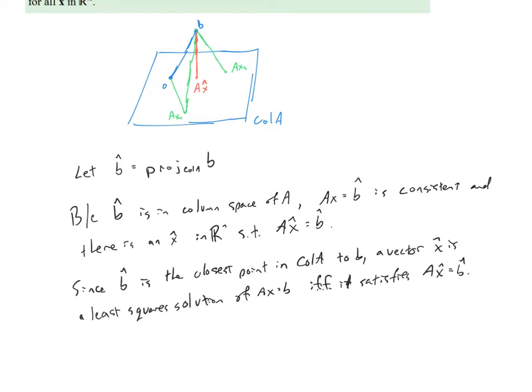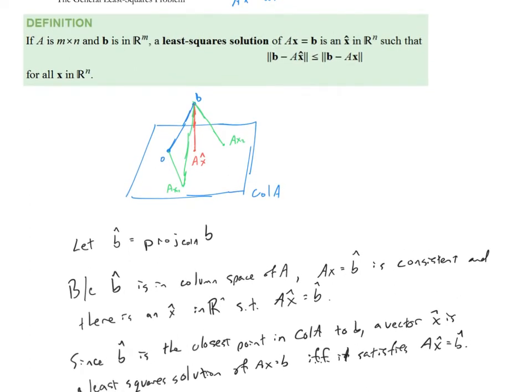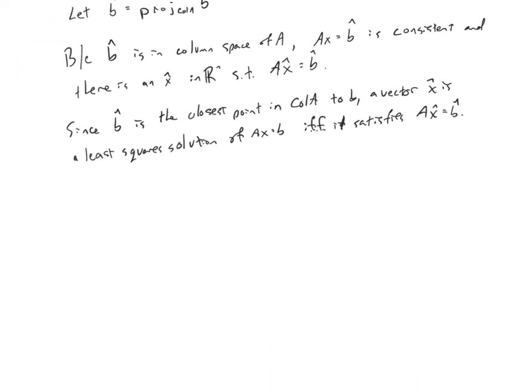All right, so now this is tying in the language from the definition. B hat is the closest point in the column space, so it is, by definition, a least squares solution to that equation.